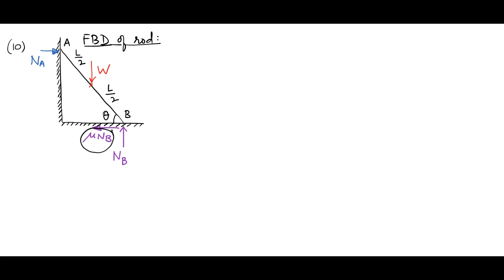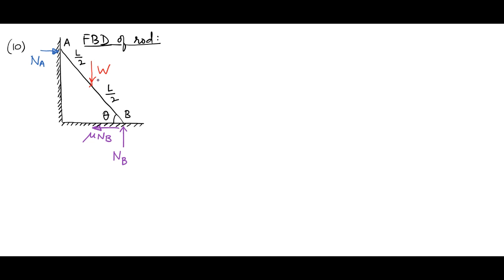It's on the verge of slipping, and that means, of course, that theta is going to be minimum, because we know that when theta decreases beyond a certain extent, the slipping actually takes place. So when we say that the frictional force equals the limiting friction, automatically we are minimizing the value of theta for static equilibrium. Now let's try to find all these forces, and on the way maybe we can figure out what is the value of theta.